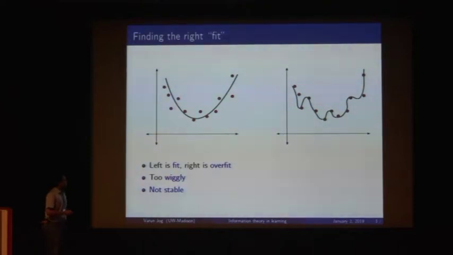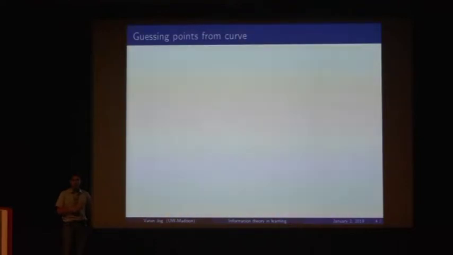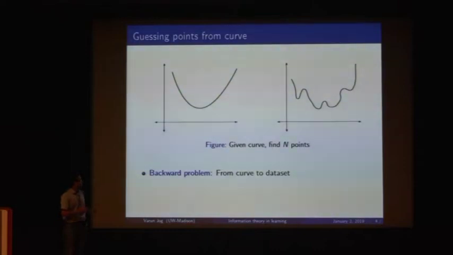Okay, so I'm going to now focus on a different problem, which is the reverse problem, guessing the points from the curve. Let me draw the picture. On the left, I now give you the curve. This is a quadratic, and our job is to figure out where those endpoints were such that they generated this particular quadratic curve when I used some algorithm to fit them.